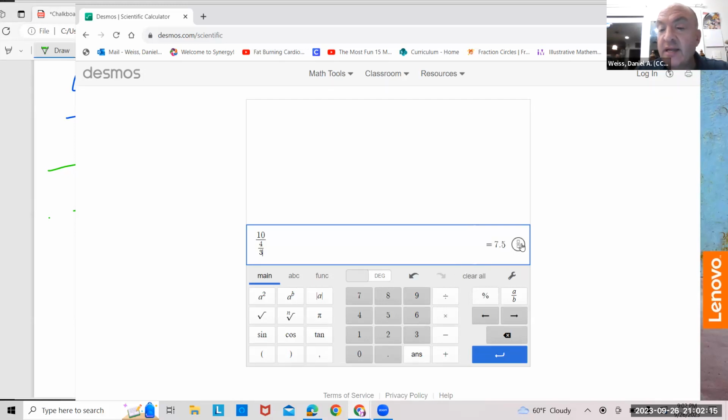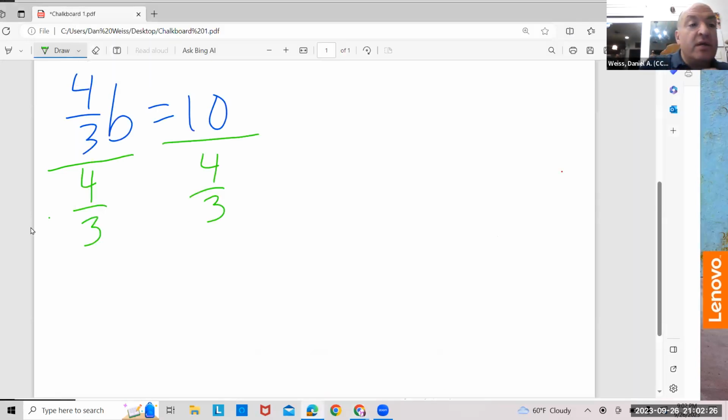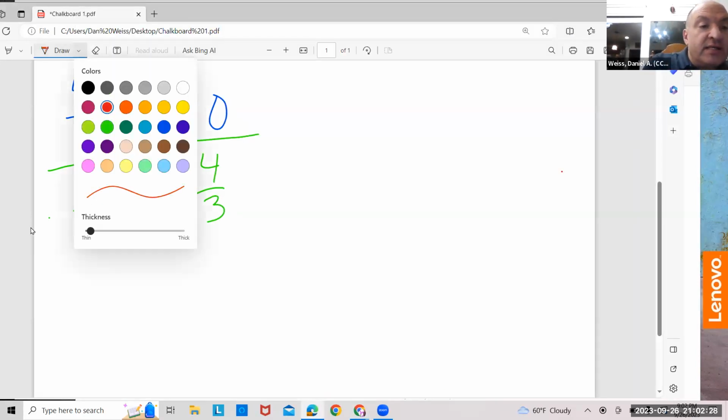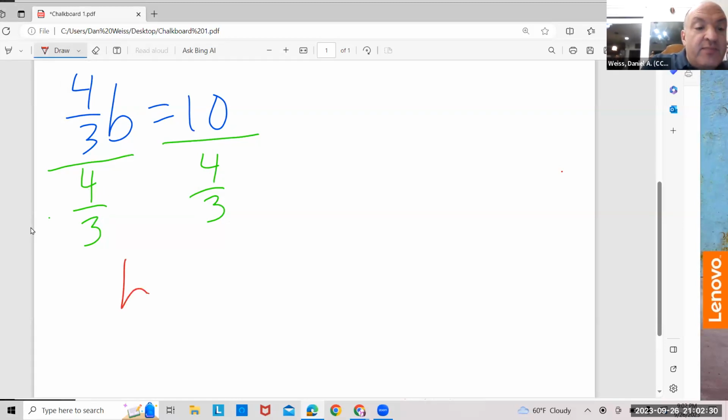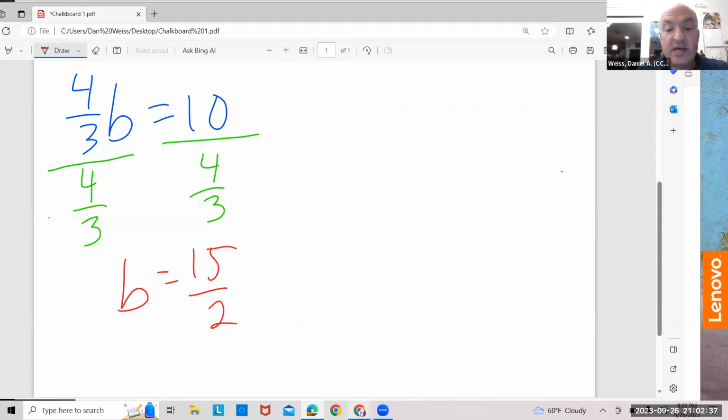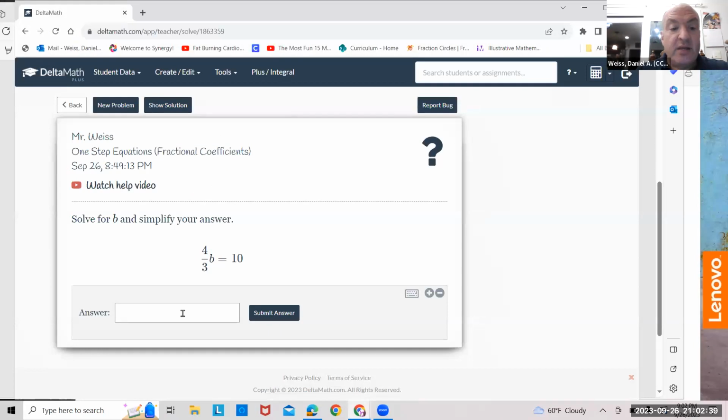Don't do it like that. Click the convert to fraction button, and it gives you 15/2. Your answer will be exactly that. B equals 15/2. So you go to your Delta Math and you put in 15.